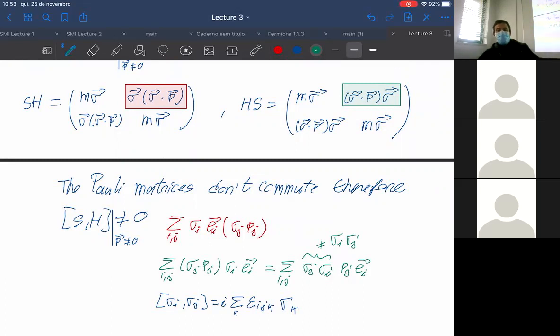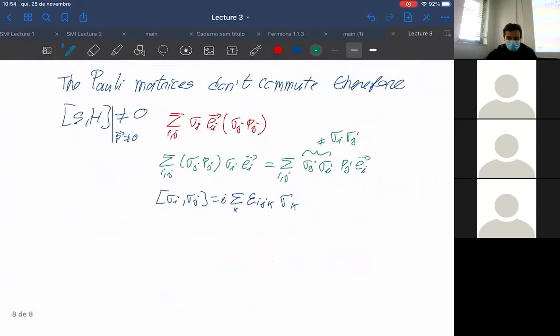But if you can write an operator, you know that you must have another operator that commutes with the Hamiltonian, such that you lift this degeneracy, and you can find one that is compatible with the Hamiltonian.